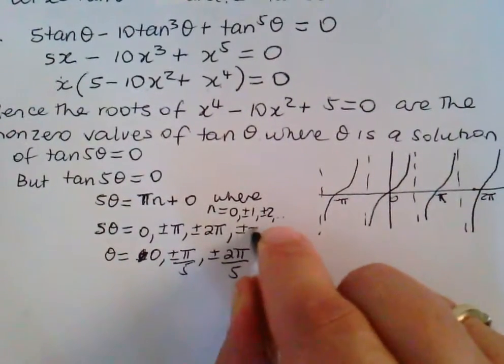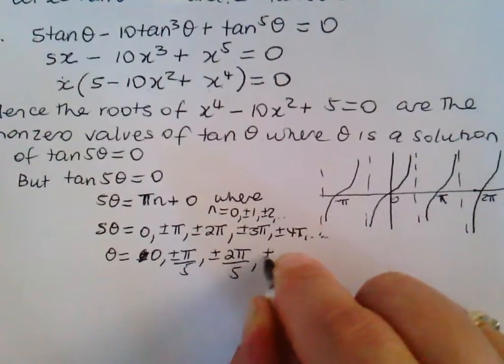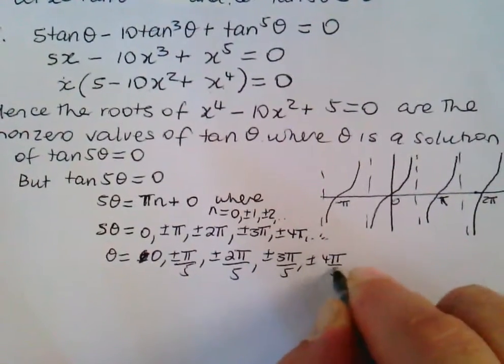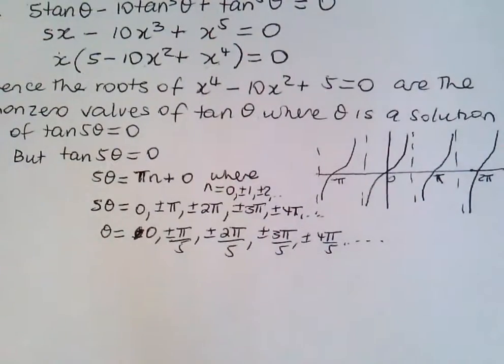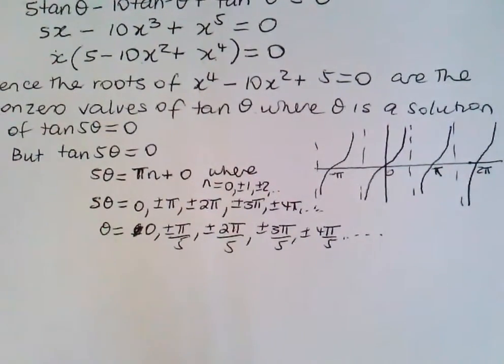You know what I mean? Plus or minus 3 pi on 5, plus or minus 4 pi on 5, etc. Now, I don't say which ones are the double ups till I put the x's in, so I make it tan theta. So we know we only have 5 solutions, and then we see which ones are the double ups.